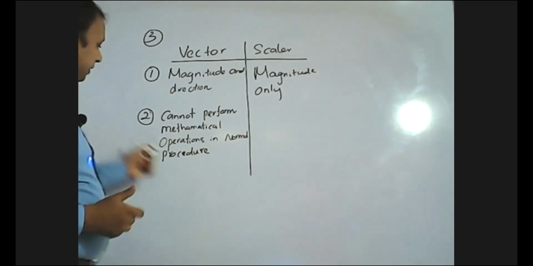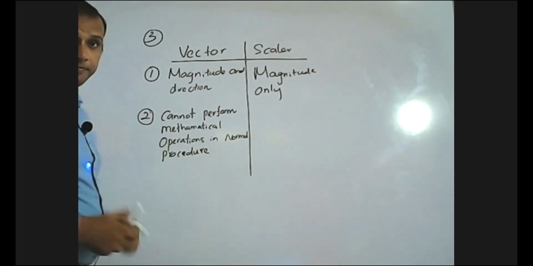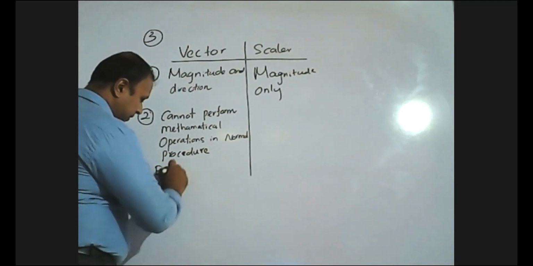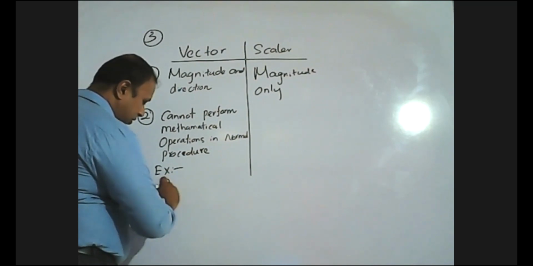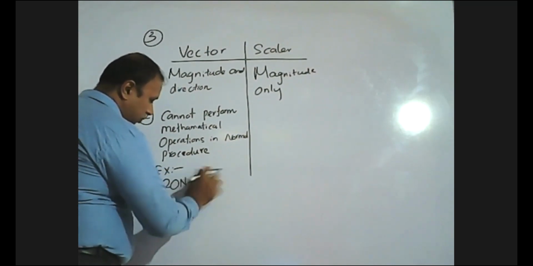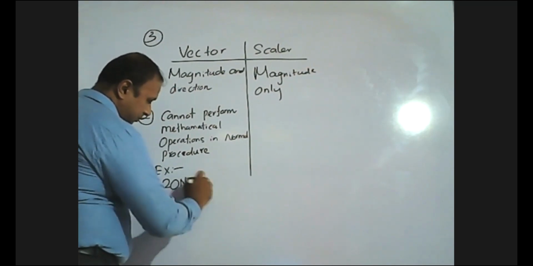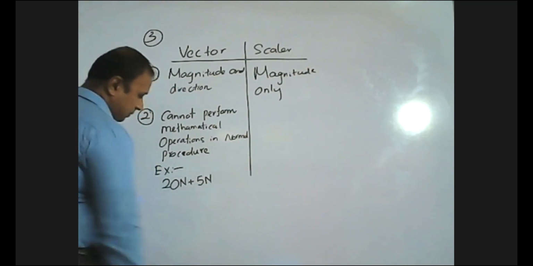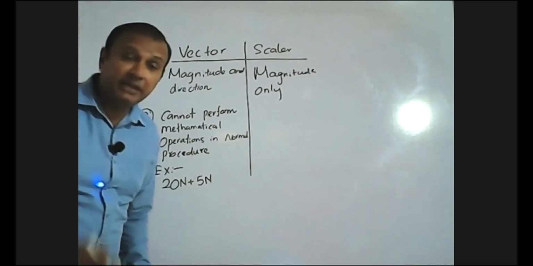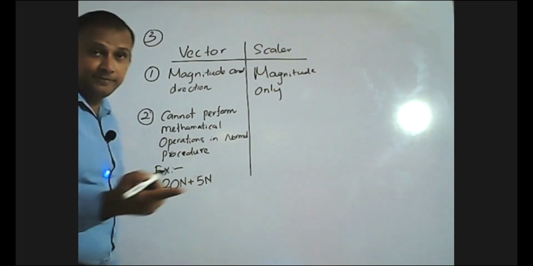Vectors cannot perform mathematical operations in the normal procedure. For example, we cannot add 20 Newton plus 5 Newton. If you want to add 20 Newton to 5 Newton, we cannot say it is equal to 25.